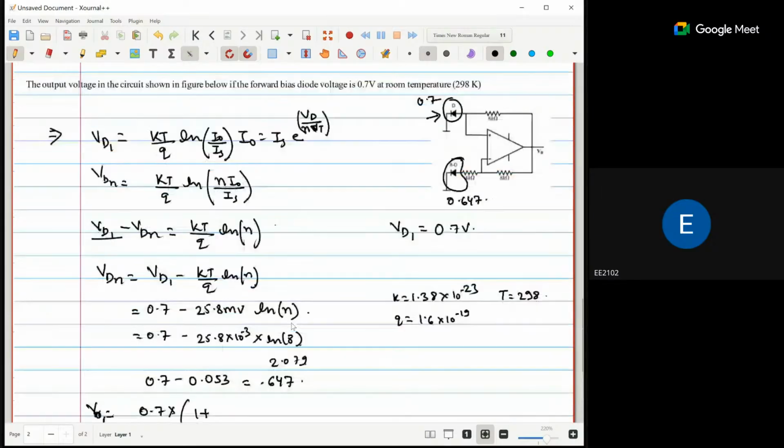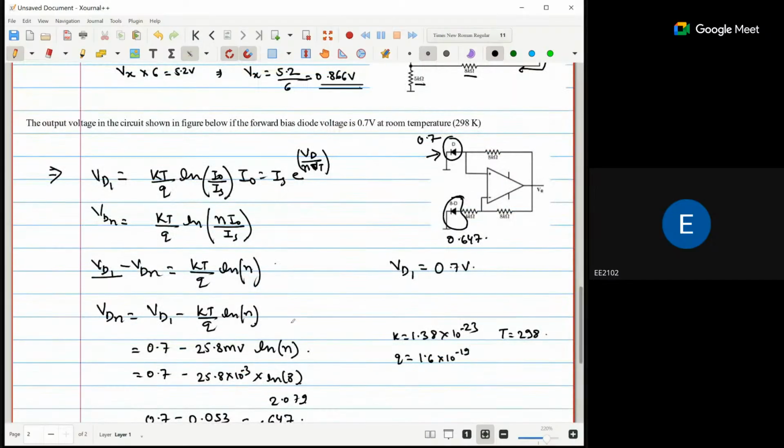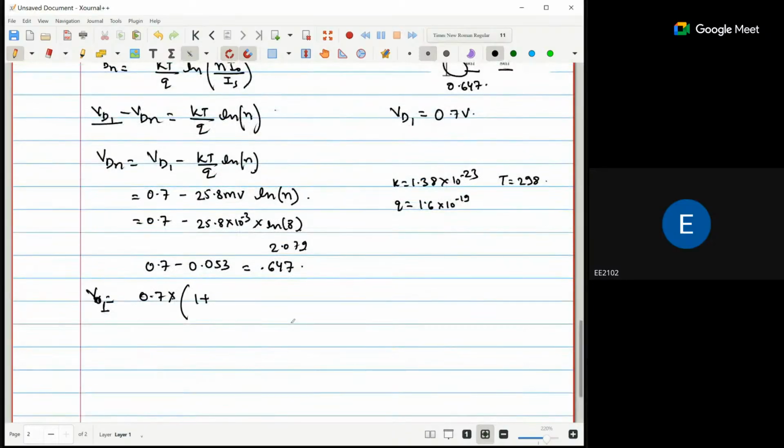Okay, because the 0.7 volt diode will be connected on the non-inverting terminal. So 0.7 times 3, so 2.1.